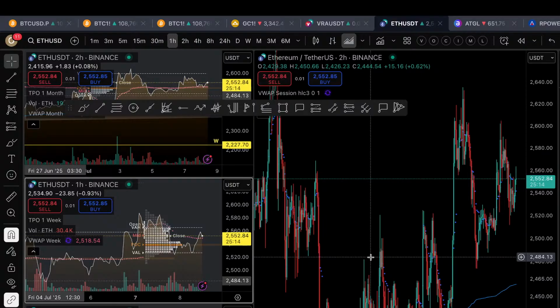The important thing is the open and the EQ are quite close to each other. Interesting.